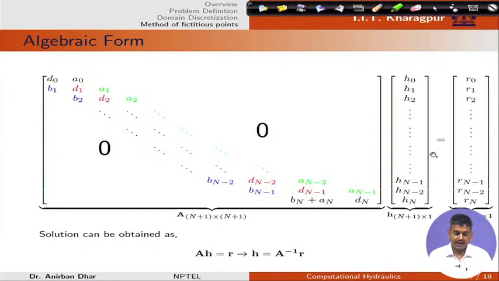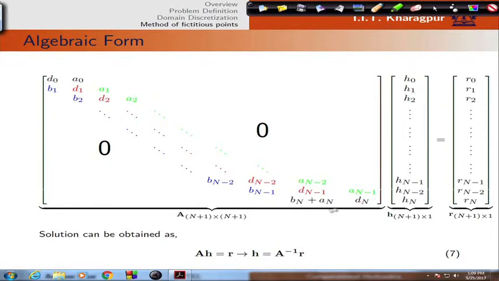Again we are getting the algebraic form. We have a second order accurate scheme because our governing equation is second order accurate. We are utilizing it for our boundary condition, and in this case the tridiagonal structure is also intact.